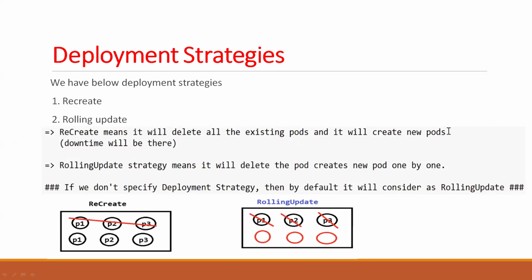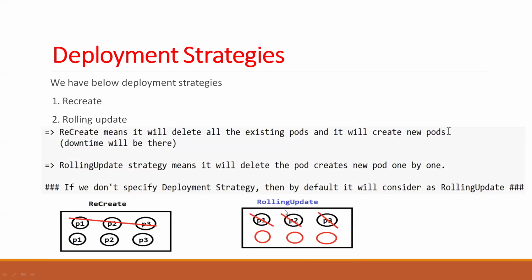In recreate, all the pods are deleted at a time, so the application will be down and the site cannot be reached. Once everything is down, the new pods come up. That is recreate.